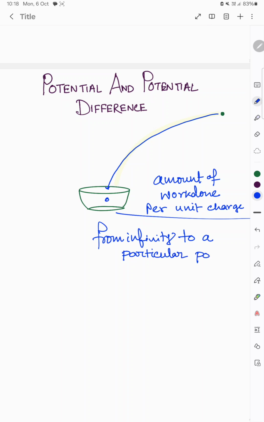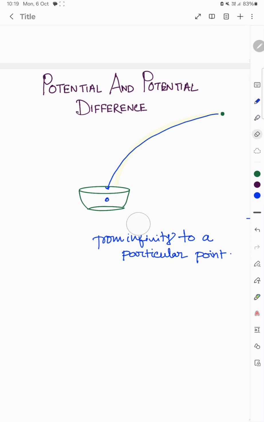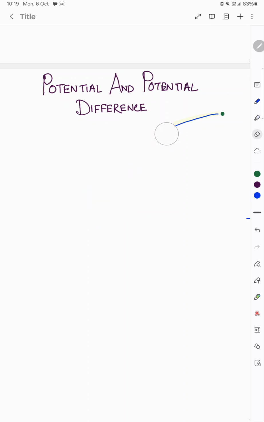Okay, and its symbol is V, and it is a scalar quantity. The quantities which we have studied today, that charge, current, potential, these are all scalar quantities.